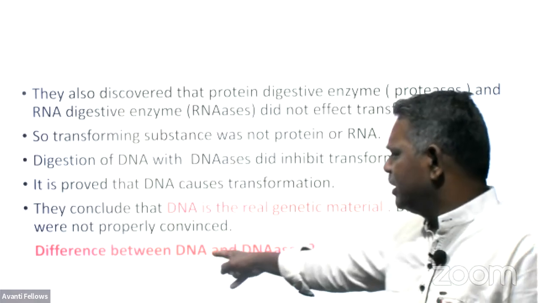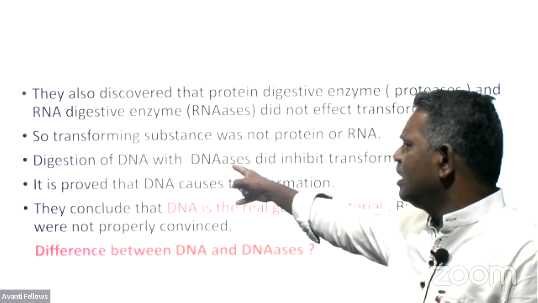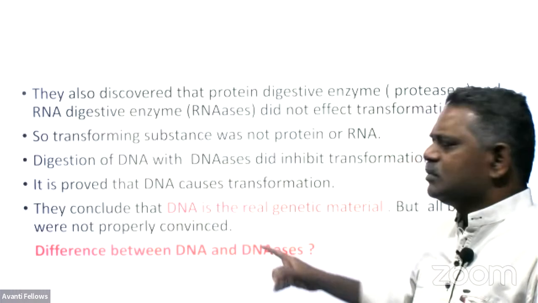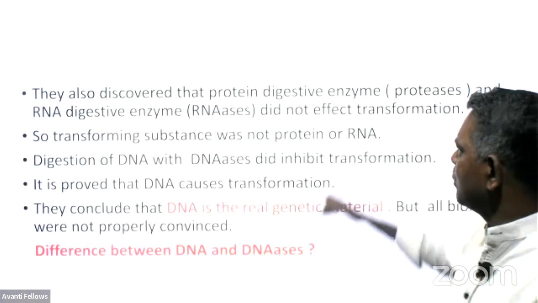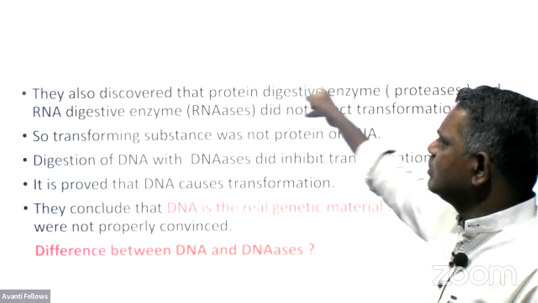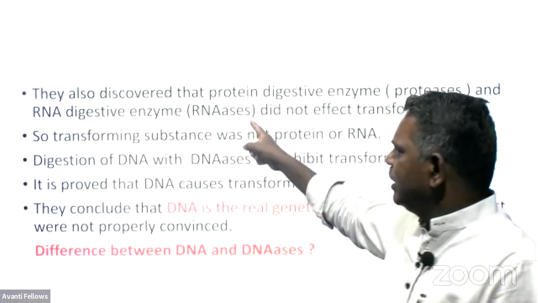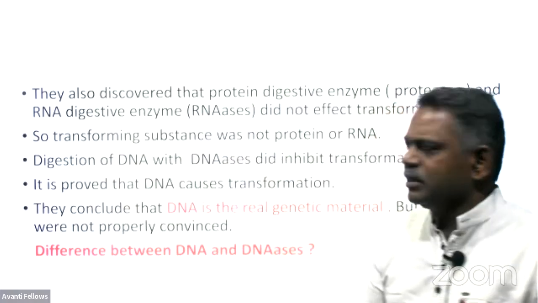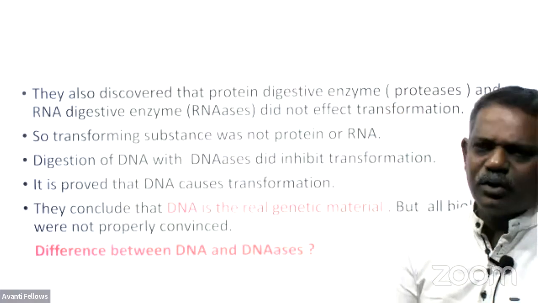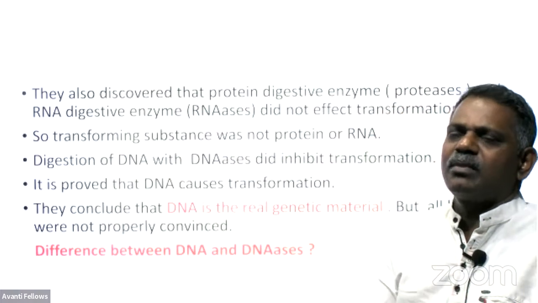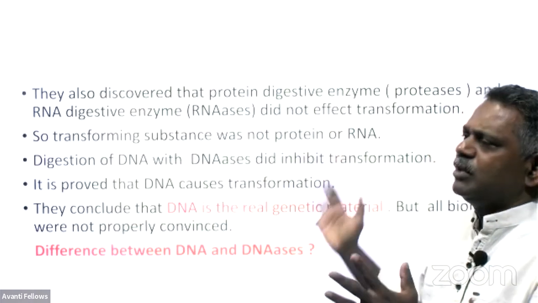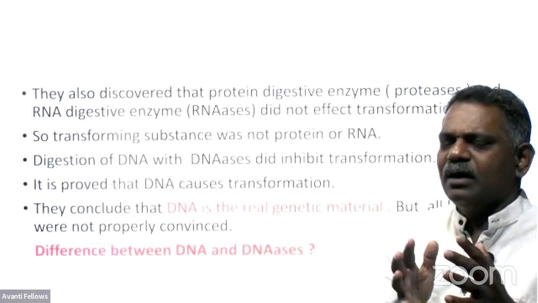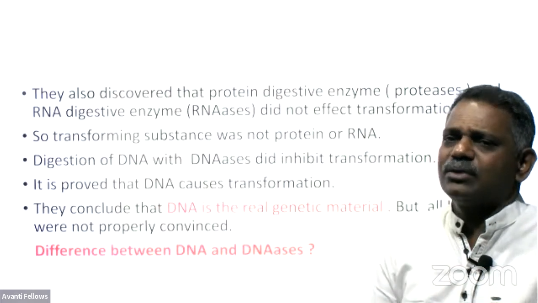I told you DNA is the genetic material, but DNase is the enzyme that digests DNA. Similarly, proteases are the enzymes that digest protein, and RNases are the enzymes that digest RNA. So destruction of RNA or protein never affects the transformation of R strain into S strain.